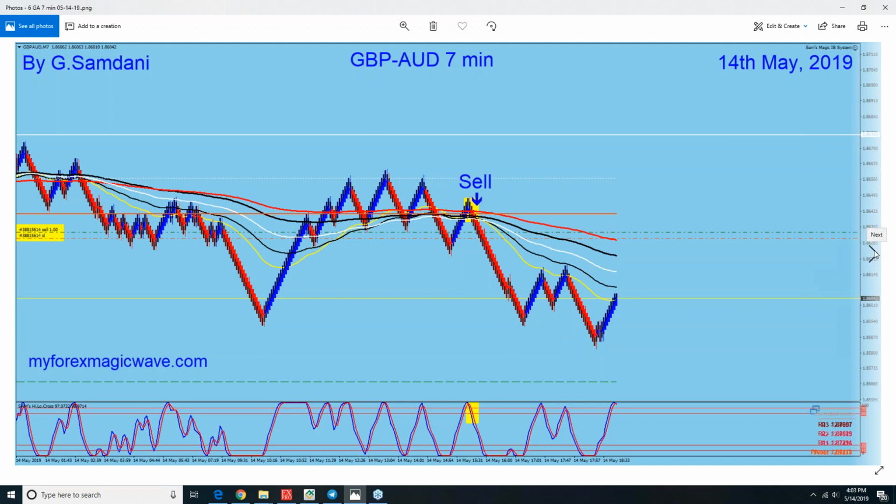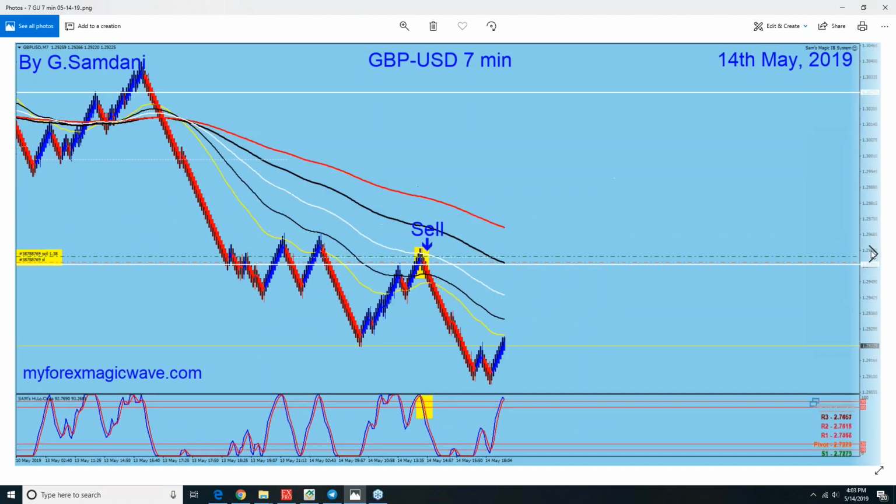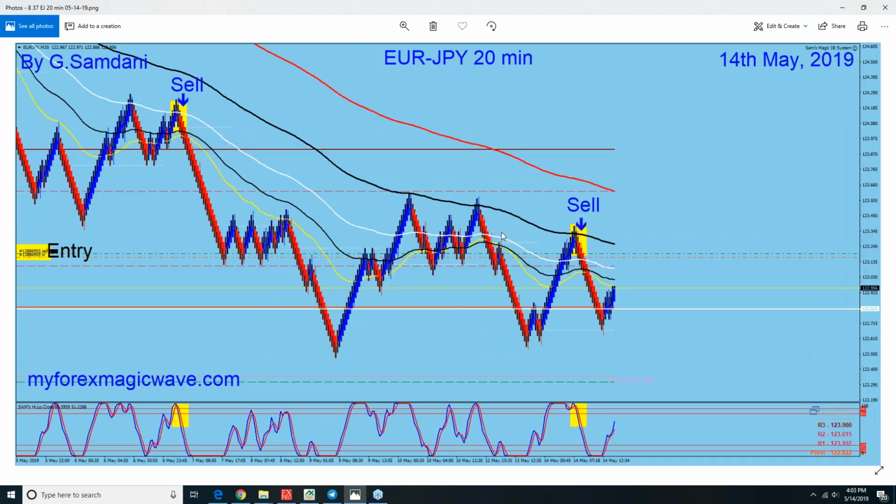Oh, it's supposed to be euro yen here. This is pound USD. I caught that one as well. Where is euro yen? I wanted to show you. Yes, see. This is after the news, when I posted on the Telegram that three pairs involving the euro would be going down. So euro yen is going down, and it went down as well.